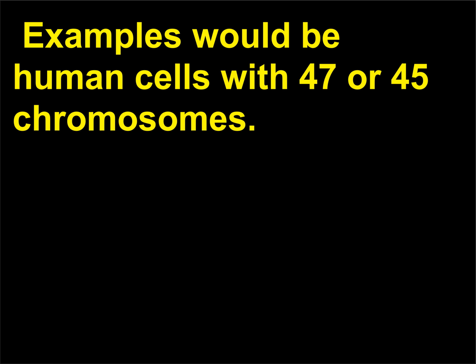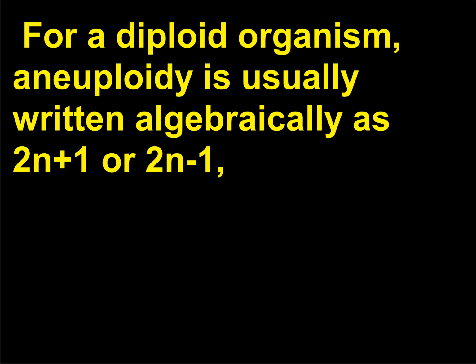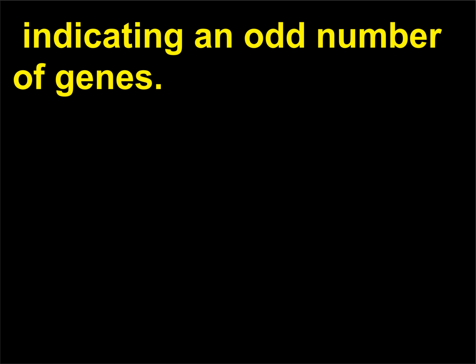Examples would be human cells with 47 or 45 chromosomes. For a diploid organism, aneuploidy is usually written algebraically as 2n plus 1 or 2n+1, indicating an odd number of genes.